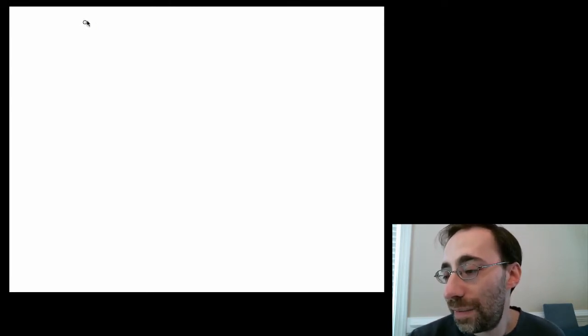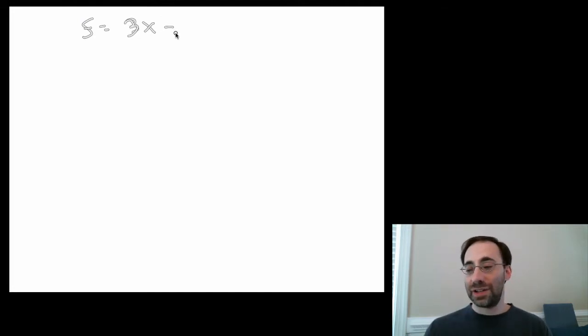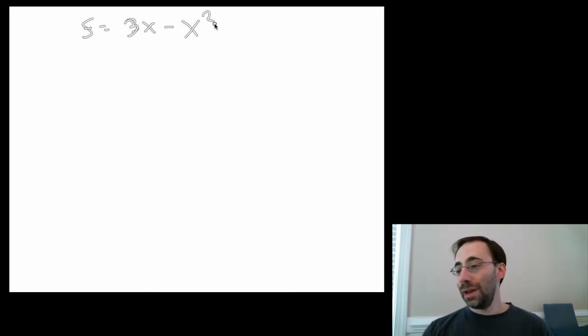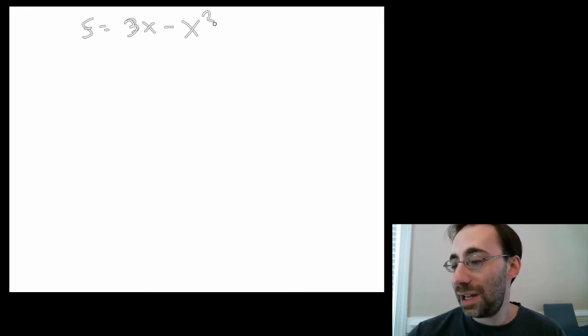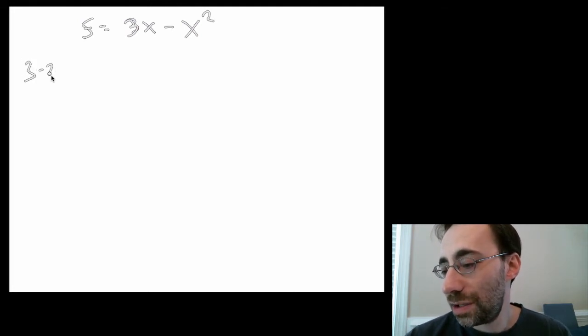Let's say you have some function similar to what I had before. Let's get rid of the y variable. Before, by me, I mean the last lecture. Let's say we want to maximize this function. We did it before, and we said that the maximum of this function comes from the first order condition 3 minus 2x equals 0, which implies x equals 3 halves.